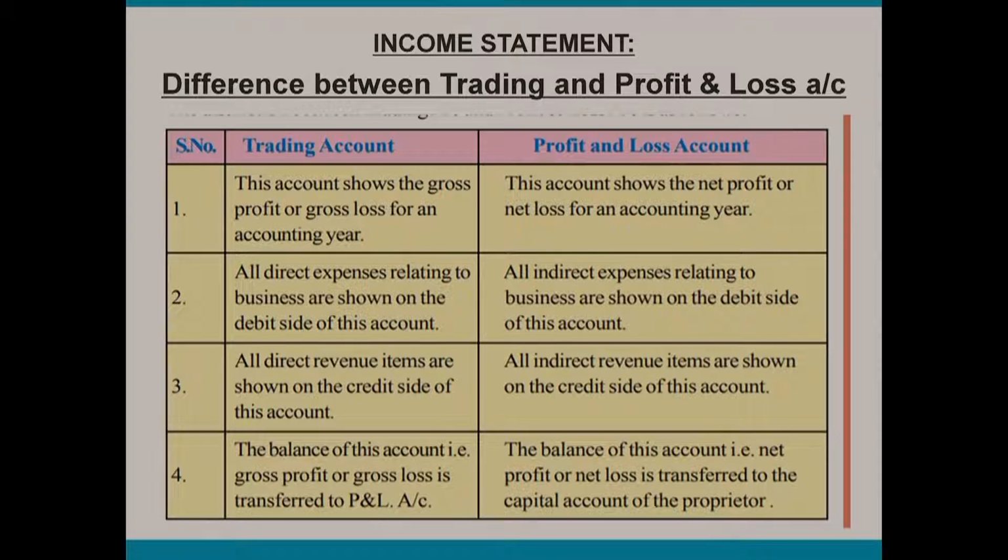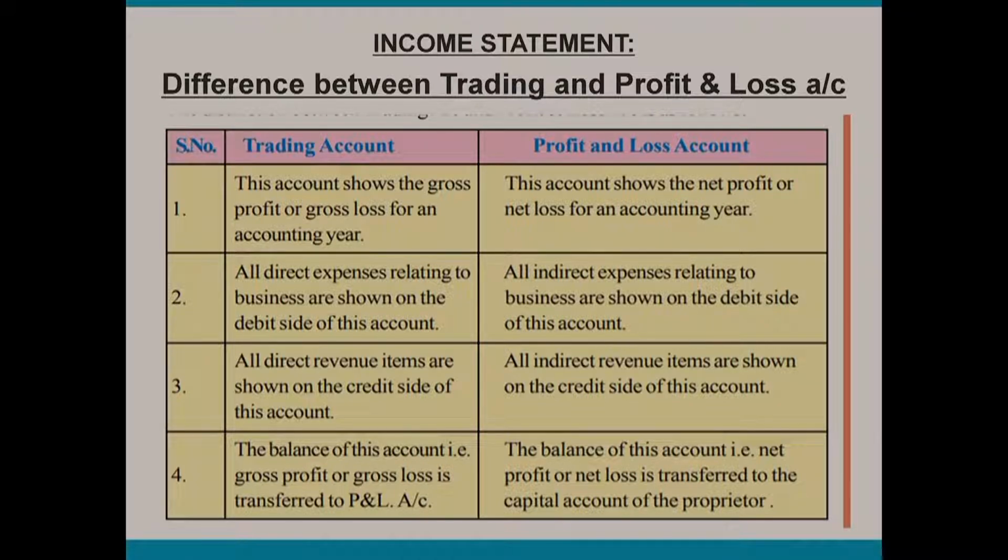For an accounting year, you have just seen how you can find the gross profit or the gross loss. And in the profit and loss account, what you find is the net profit or the net loss. Then what else do you do in the trading account? You have also learned, when you learned the difference between direct expenses and indirect expenses, that in the trading account all direct expenses relating to the business are shown, and all indirect expenses relating to the business, what were the indirect expenses?